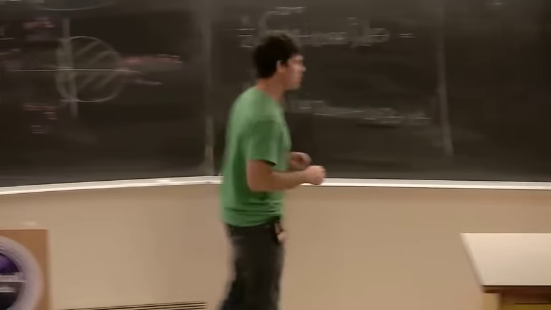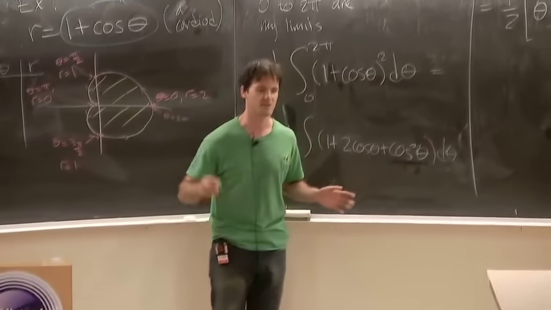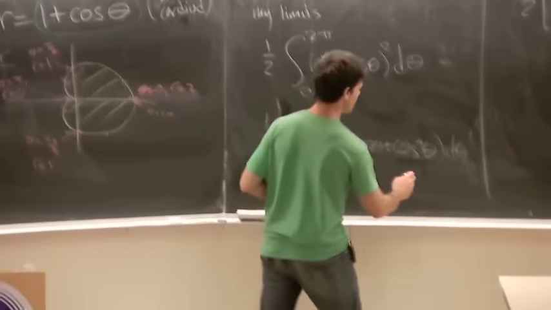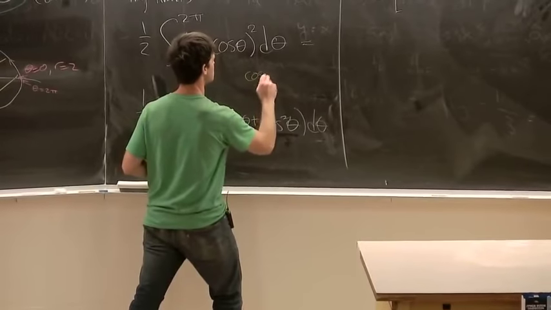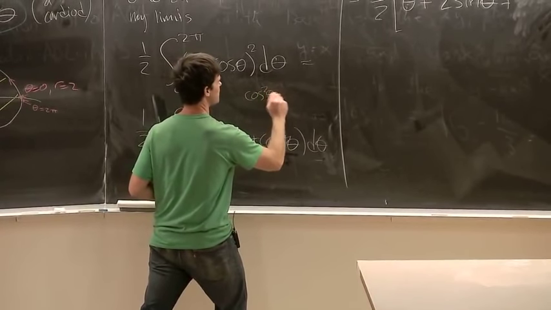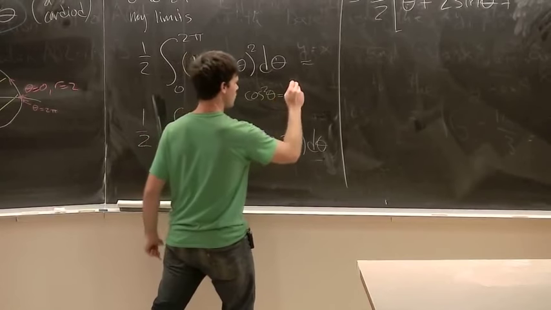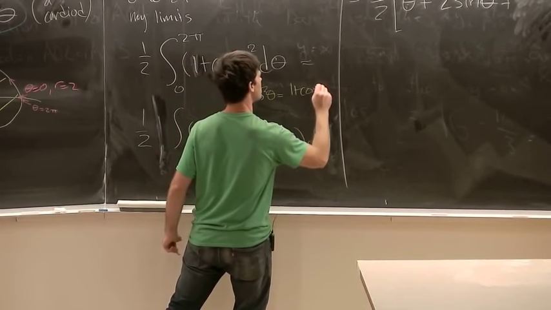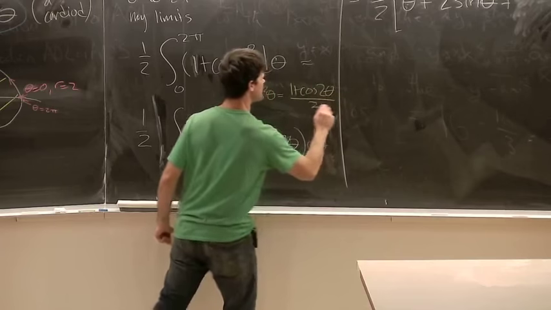Whoever taught you your pre-calculus should have definitely taught you that cosine squared of theta is 1 plus cos 2 theta divided by 2.